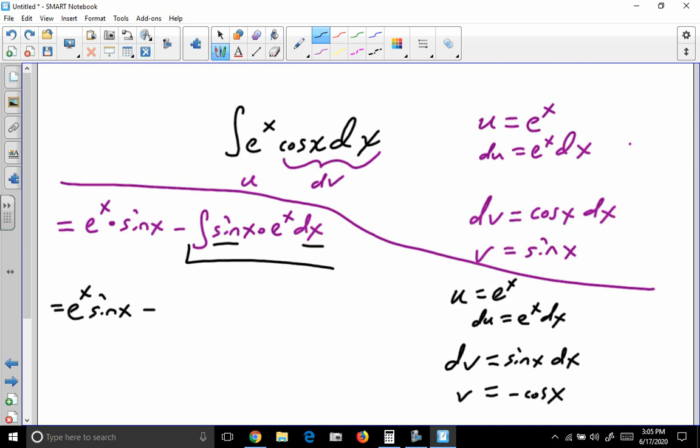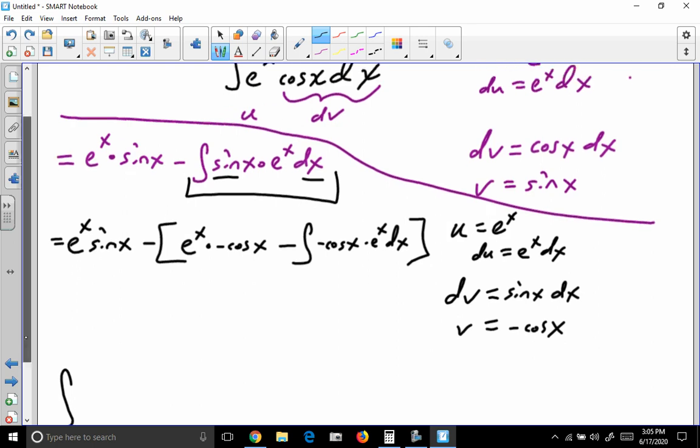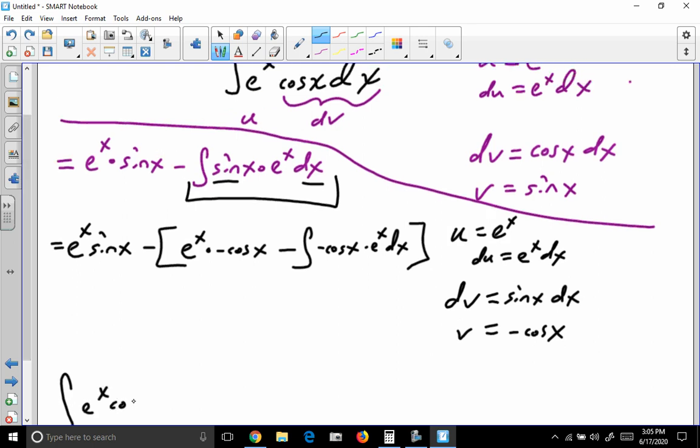And the integral of that will be our new u times v minus the integral of v du. So if we distribute our negative, we have that the integral of e to the x cosine x dx, that's our original problem, equals e to the x sine x.